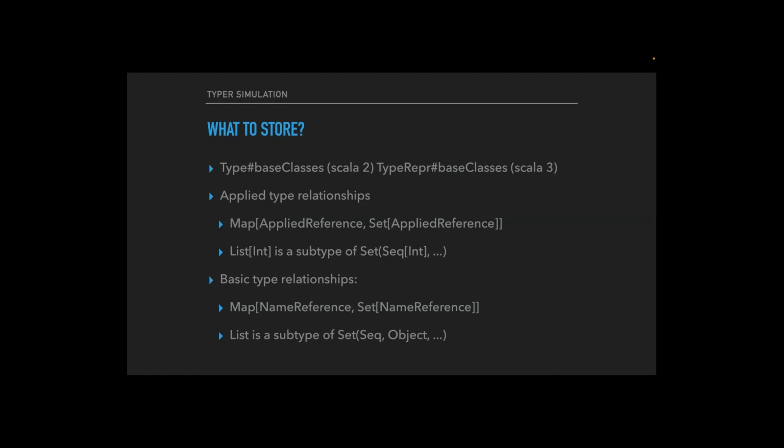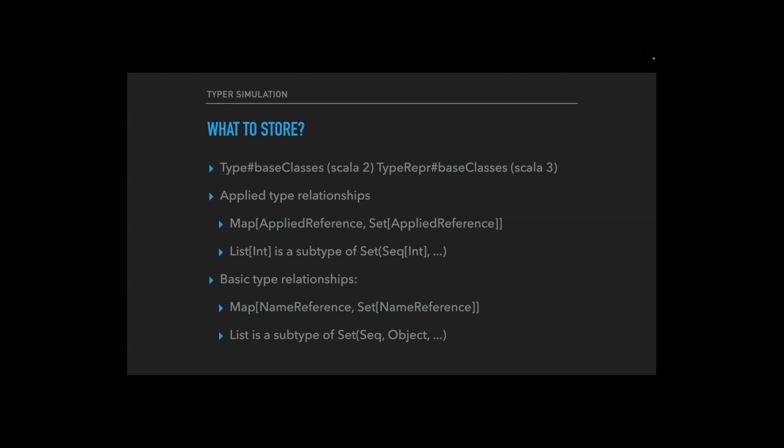But the question is what we actually need to store to be able to apply our type constructor representations at runtime and inspect the relationships between combined types. So first of all, for each type we encounter, we store all its supertypes in applied form.